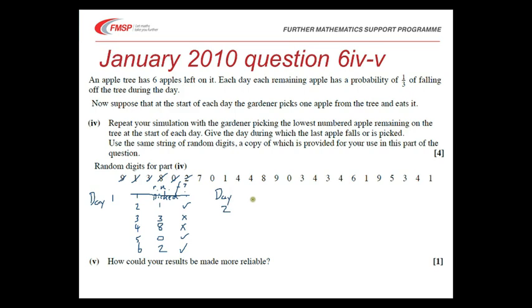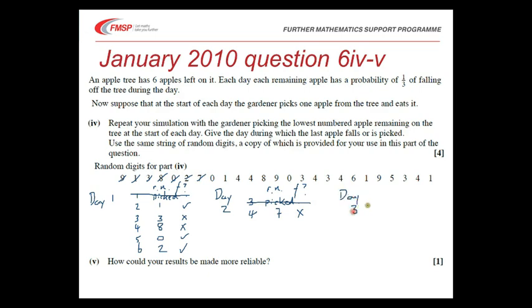Day 2, I'm left with apples numbers 3 and 4. I want to know my random number and whether they fall. Before I do anything, I pick and eat apple 3. So that's gone. And then my random number is 7, so apple 4 doesn't fall.